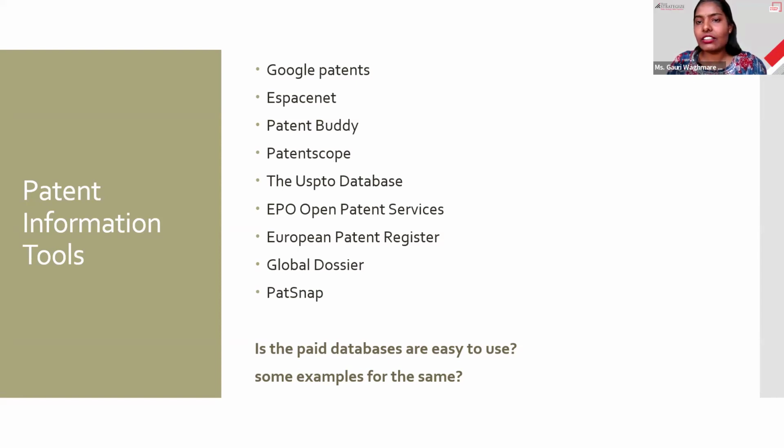And there is a strategy. You need to make keywords and key strings to search and to reduce the search options. In that way, you have to strategize the keywords and key strings, and then you will get the search report.